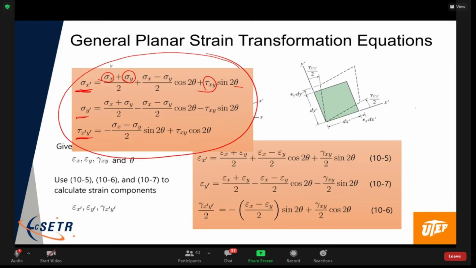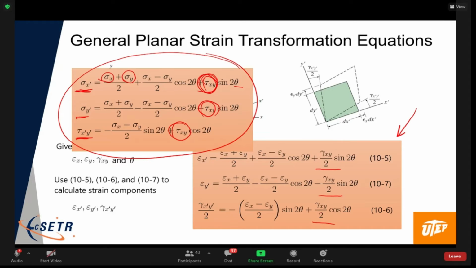The strain is identical here, except that if you look at the shear term here, here, and here for the stress transformation, if you look at that term in the strain transformation, as I mentioned earlier, it has the engineering shear strain gamma divided by 2.